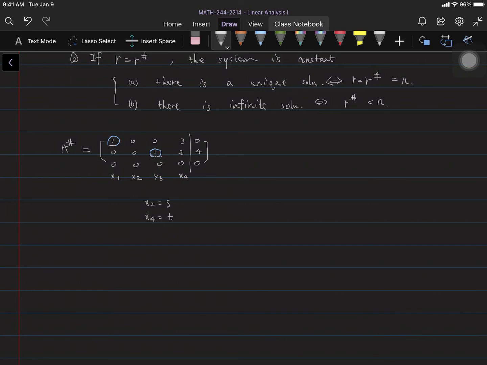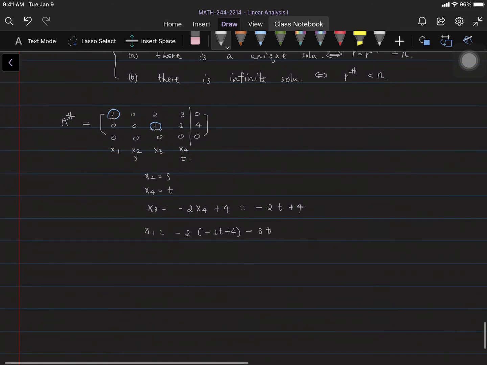So we make them the free variables s and t. Sorry, x3 is not free. Okay, so x3 equals negative 2x4 plus 4, which is negative 2t plus 4. So x1 equals negative 2 times s, here's s, here's t, negative 2x3, plug in, and minus 3t and plus 0, right? Simplify. So it should be 4t minus 8 minus 3t, which is t minus 8.